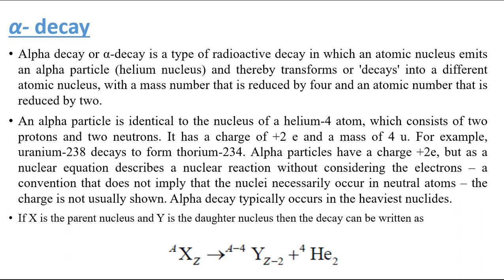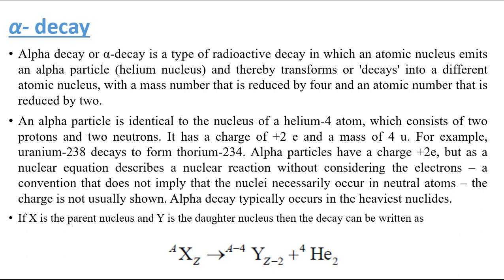So in the equation below, we have presented X as the parent nucleus, which converts to Y, the daughter nucleus, and an alpha particle is emitted.